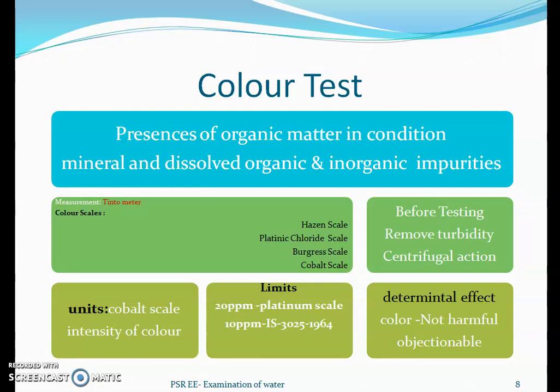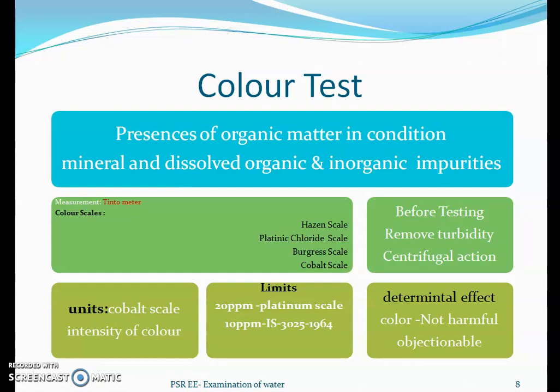Then what are the units we can give? Color intensity in water is measured in terms of arbitrary units of color on the cobalt scale. The unit of color is parts per million on the platinum cobalt scale for 1 liter of distilled water.